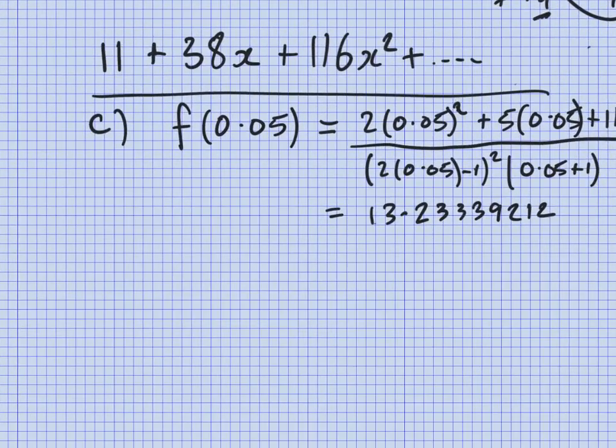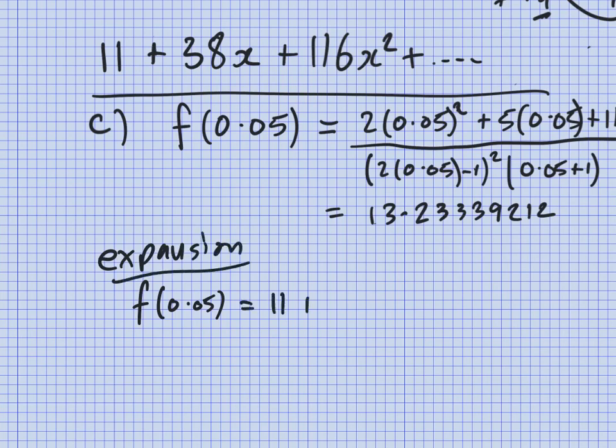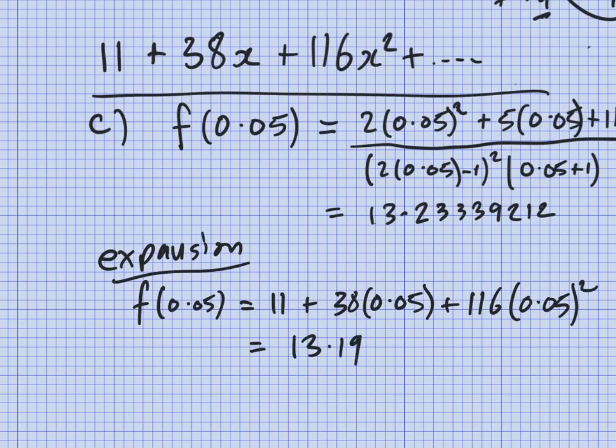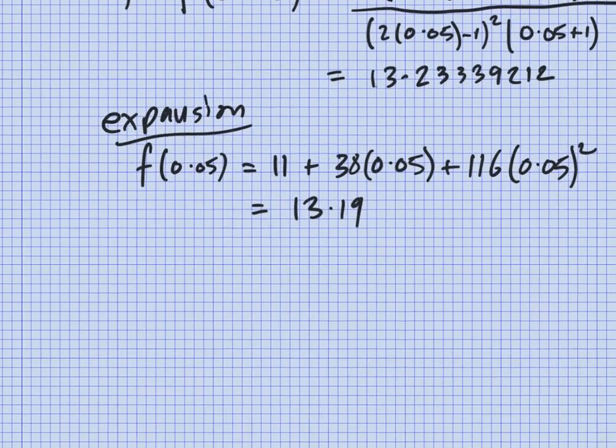Now, using the expansion, we'd see that f of 0.05, using the expansion, we would get this is equal to 11 plus 38 times 0.05 plus 116 times 0.05 squared, which, doing that on the calculator, is 13.19. Nearly there. Find the percentage error.